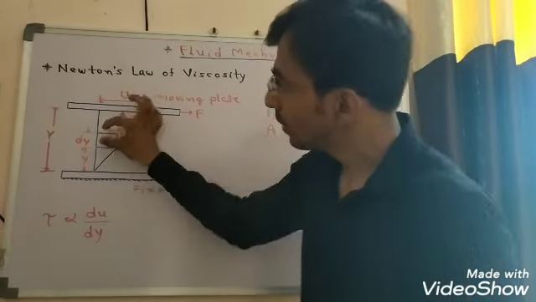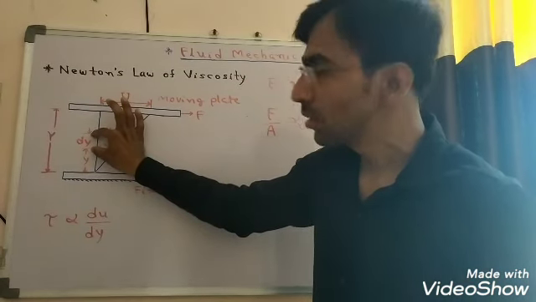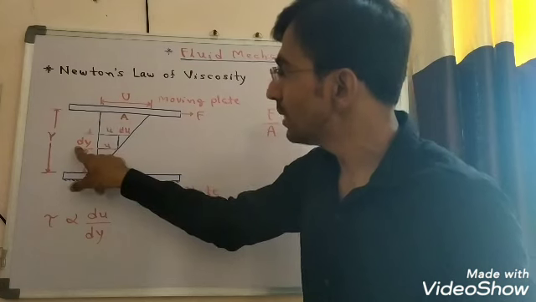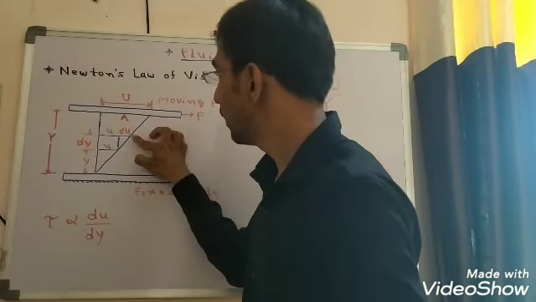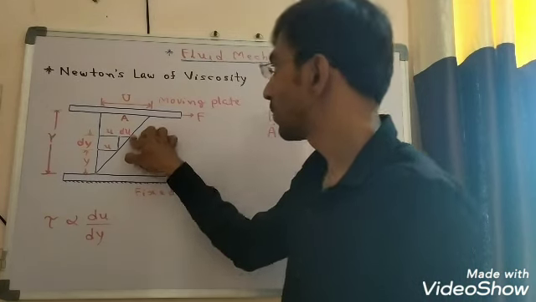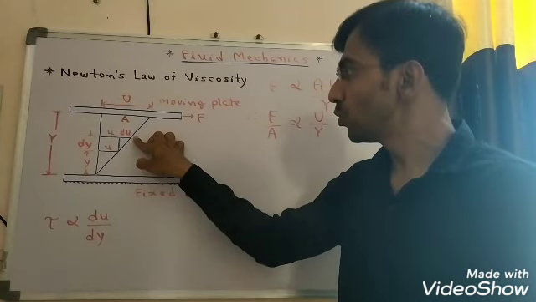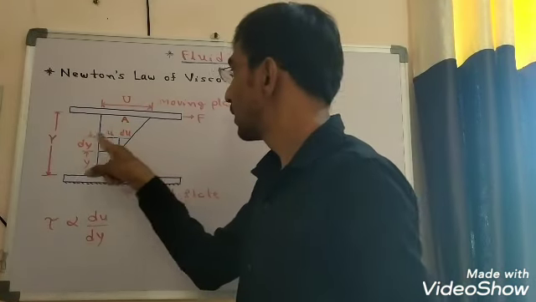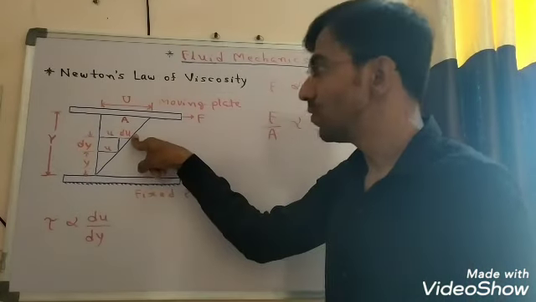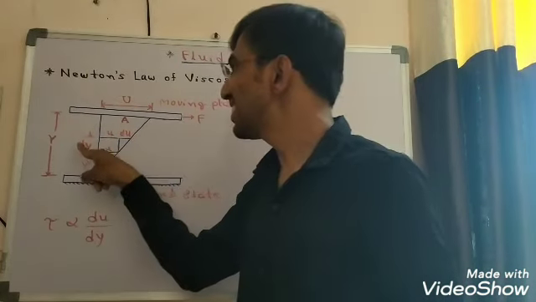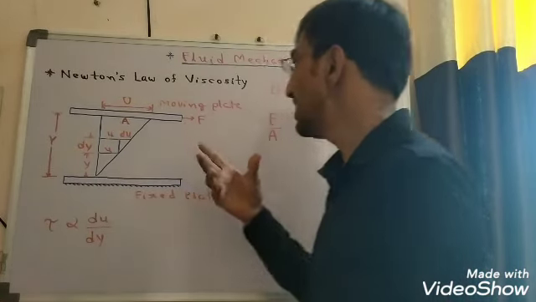So this difference in distance is called the change in distance dy. Here we get this change in velocity du. This change in velocity with respect to the change in distance is called shear strain.